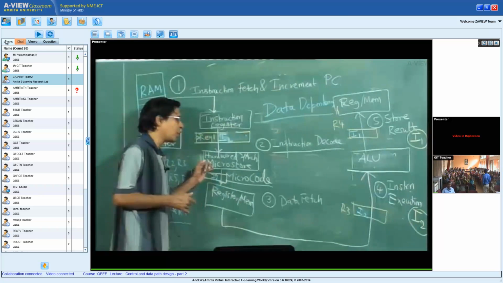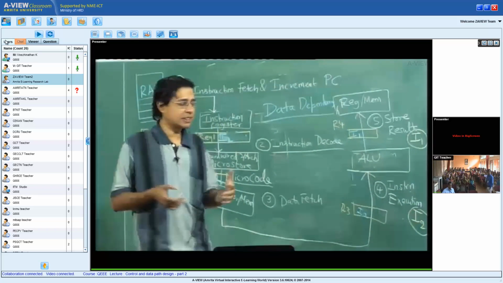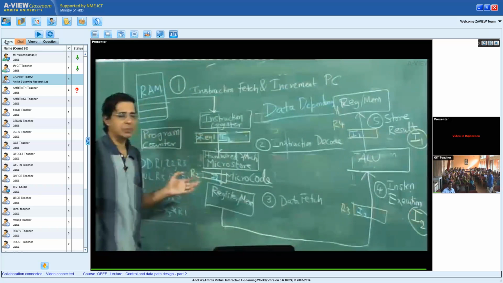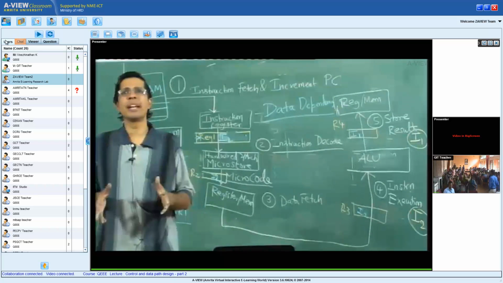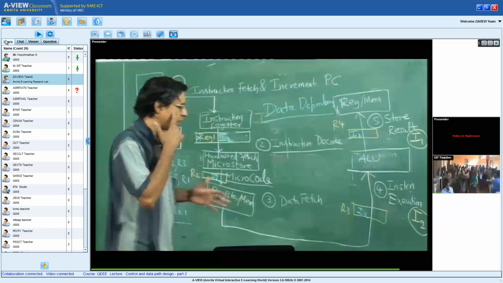But your microstore is faster, and the other thing is when I want to add more instructions, the microprogrammed approach is very extensible. So today when we make computer architecture, we do not make an architecture for one generation.